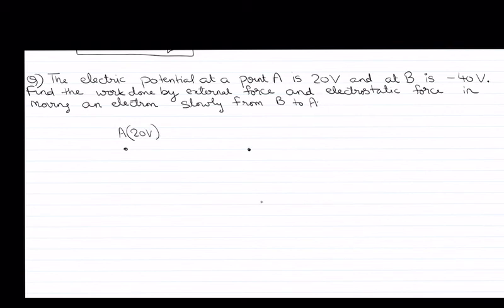This is another point B having a potential of minus 40 volt. Now I have to move an electron along any random path from B to A. So there is an electron and this electron has a charge of minus 1.6 into 10 to the power minus 19 coulomb.